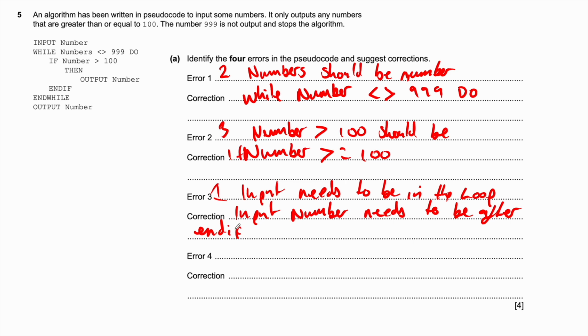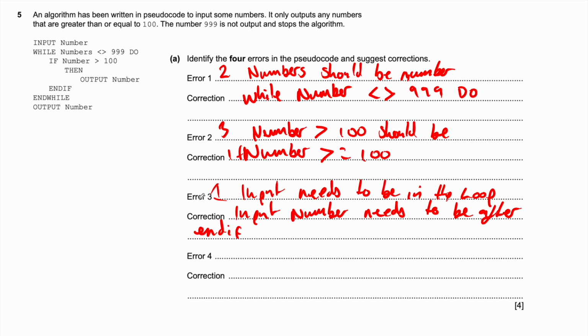Fourth error is a little bit of a strange one actually, because I think that it's the very last line, output number, is superfluous. You don't need it. Because you output it each time you do it. All that output is going to do is output the very last number that you enter.